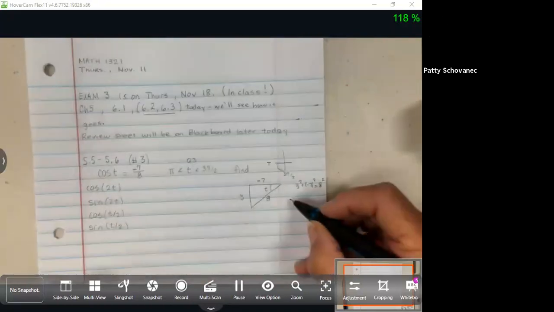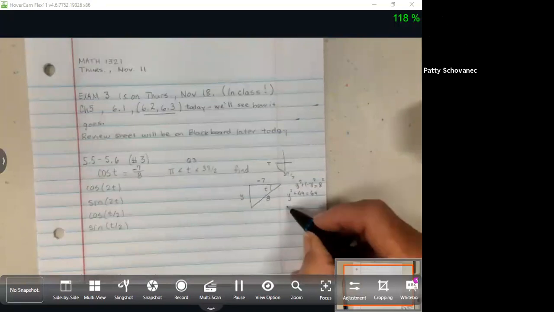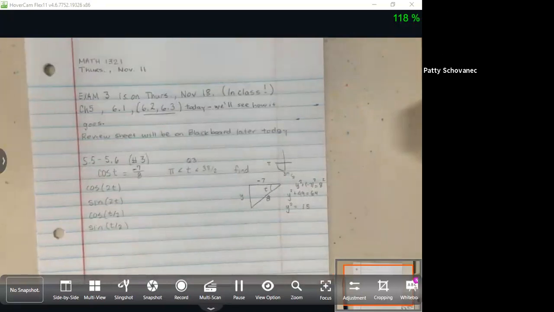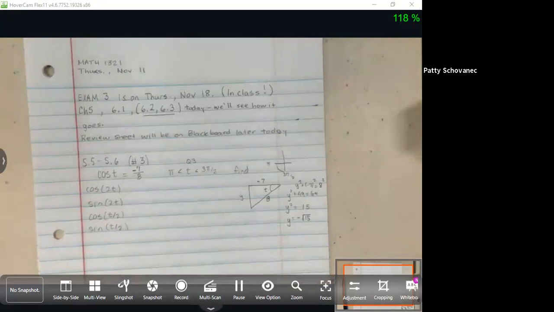So y squared plus 49 is 64. Subtract 49 from 64, that might be 15. So y is the square root of 15, and we will take the negative square root since in quadrant 3, the y values are negative.